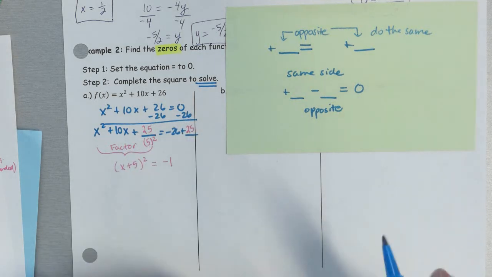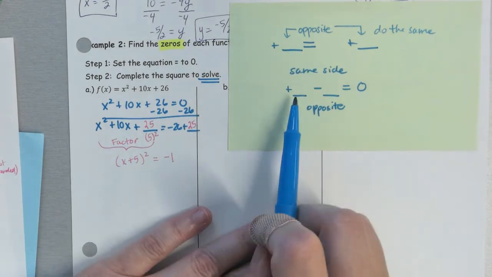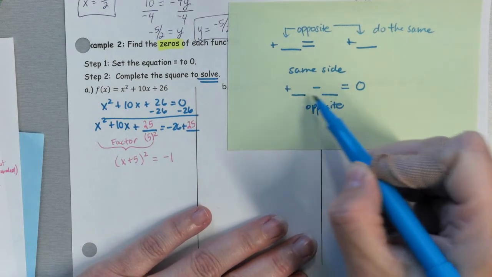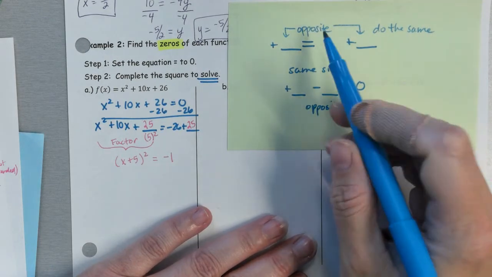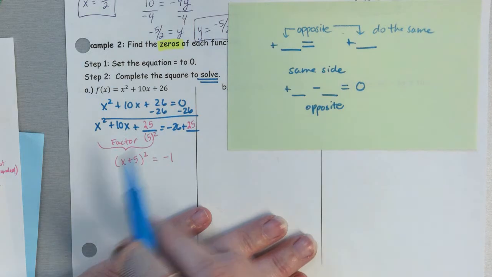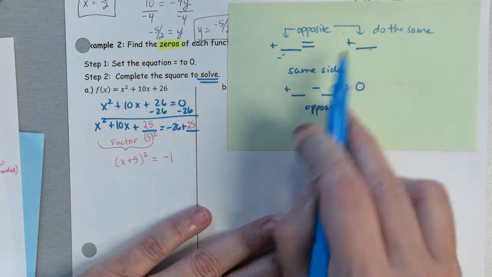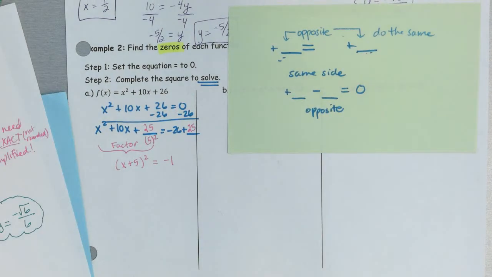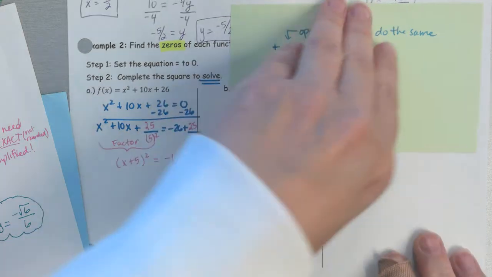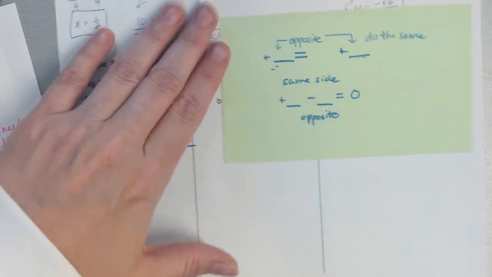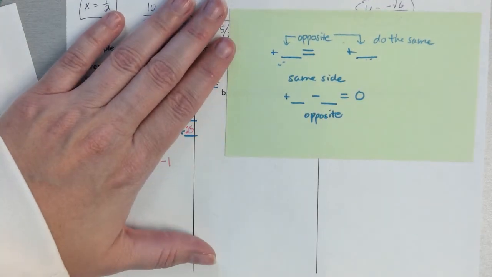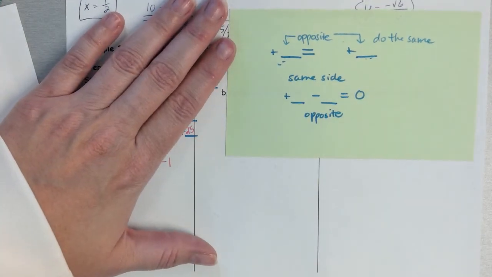Because they're kind of the reverse, right? So to balance the equation, remember we did opposites because that would add to 0. If you're on opposite sides of the equal sign, then you have to do the same thing because that's what balances it to be 0. Okay, so it is a little bit different than yesterday. Does that help jog your memory about the difference?